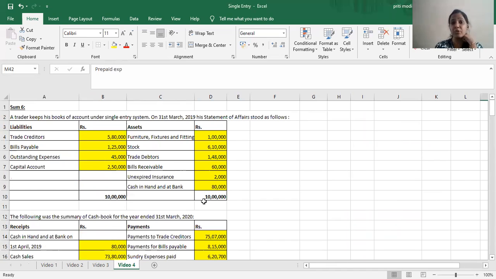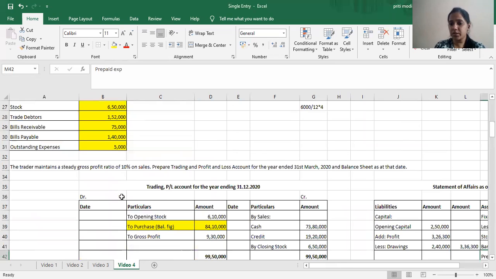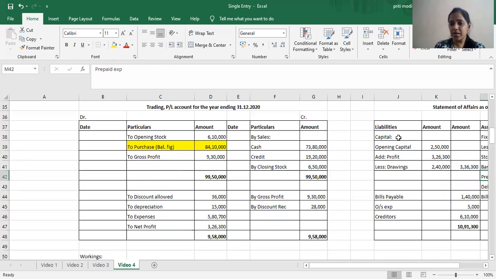So this way you can give surety to yourself that you have posted all the items. And on the liability side, you have 1, 2, 3, 4 items. And over here we have capital, 1, 2, 3, 4. We have again 4 items. So this way you can get your opening and closing balance sheet rectified.